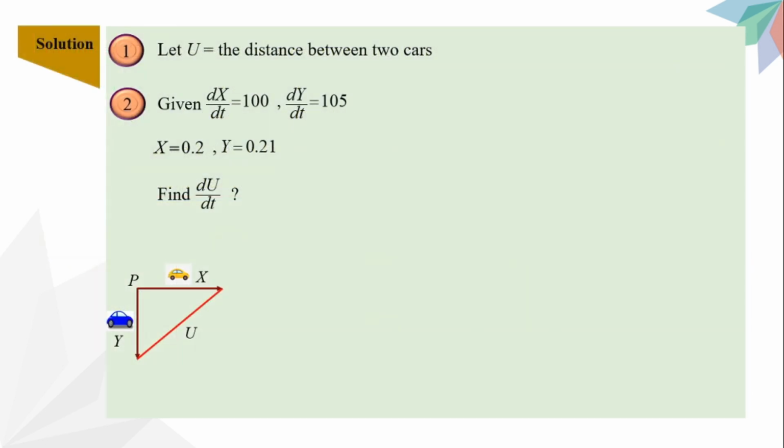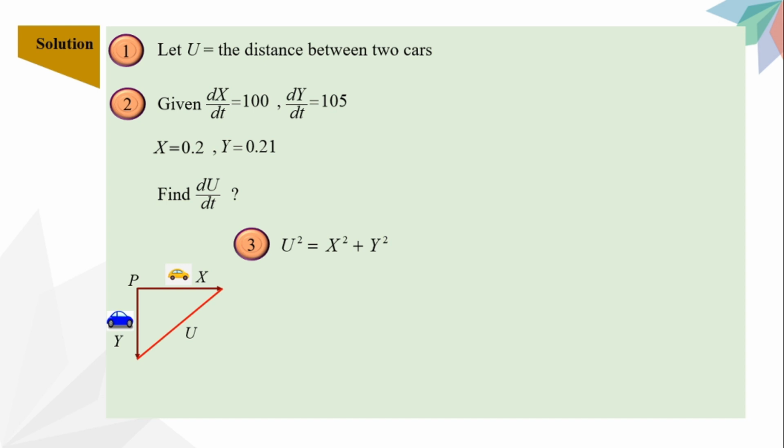Once all the information has been written, we can proceed with the next step. Refer to the diagram. The diagram shows a right angle triangle, and this we can relate with the Pythagorean theorem. Then we express the situation as u squared equal to x squared plus y squared.